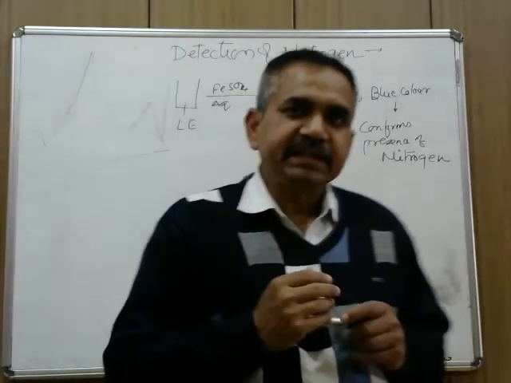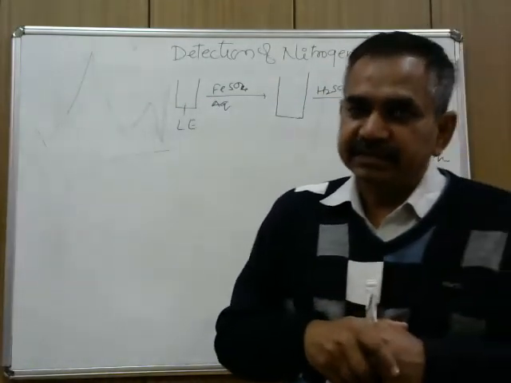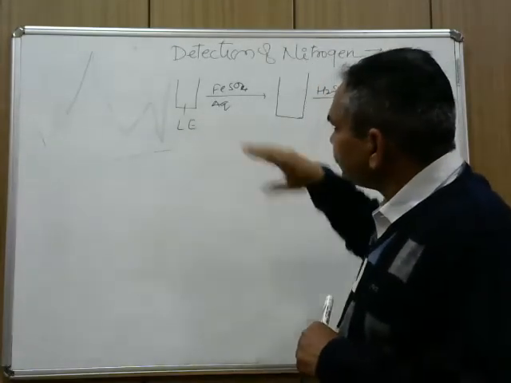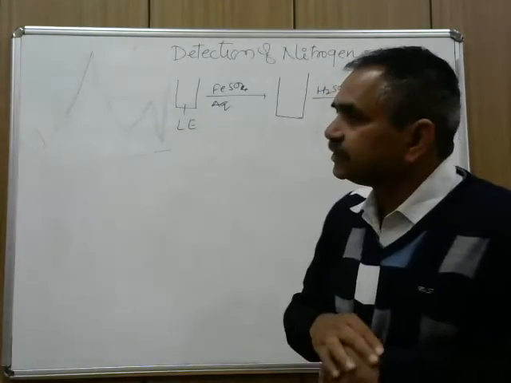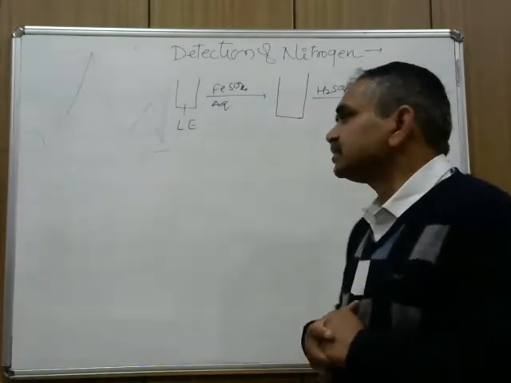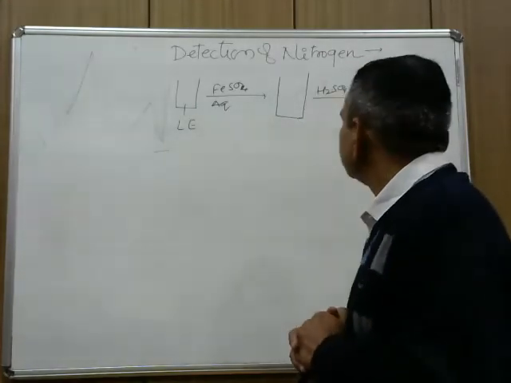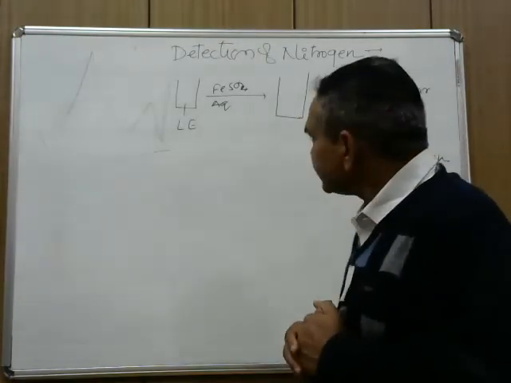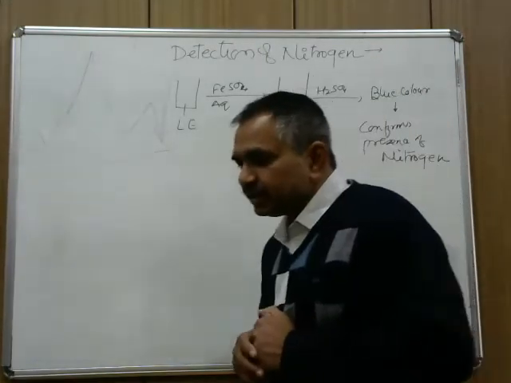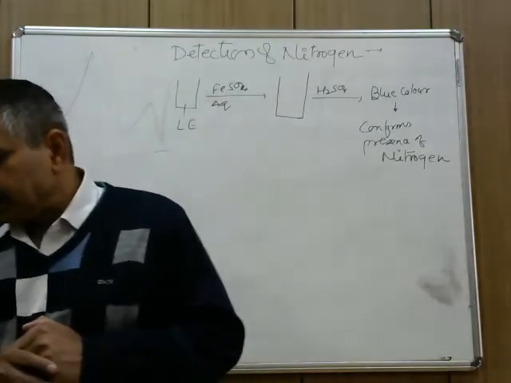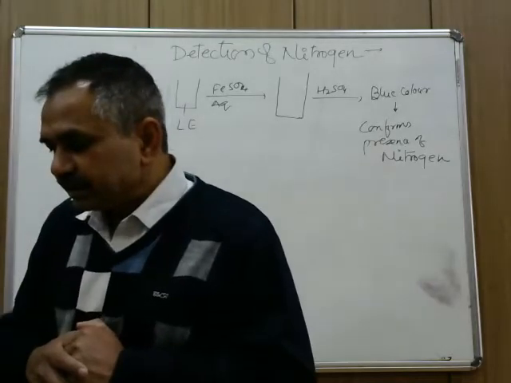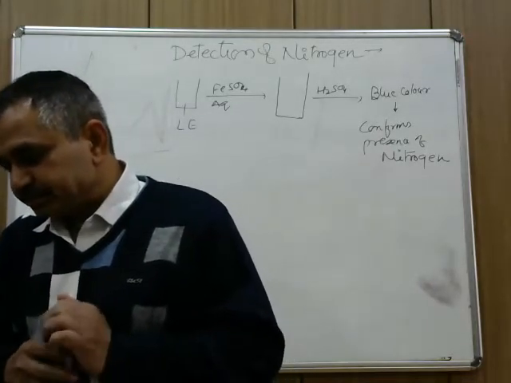This is the procedure that we apply. Lassaigne's extract is first heated with iron sulfate so that Fe2+ is partly oxidized to Fe3+, and then it is acidified with sulfuric acid to get the blue color of Prussian blue, or ferrocyanide.